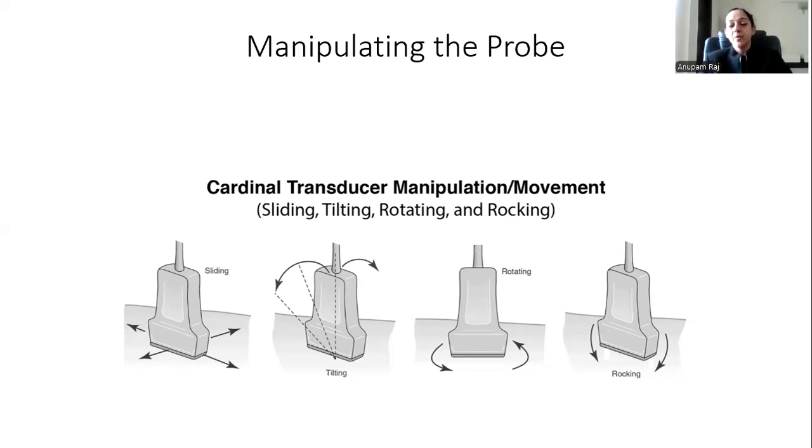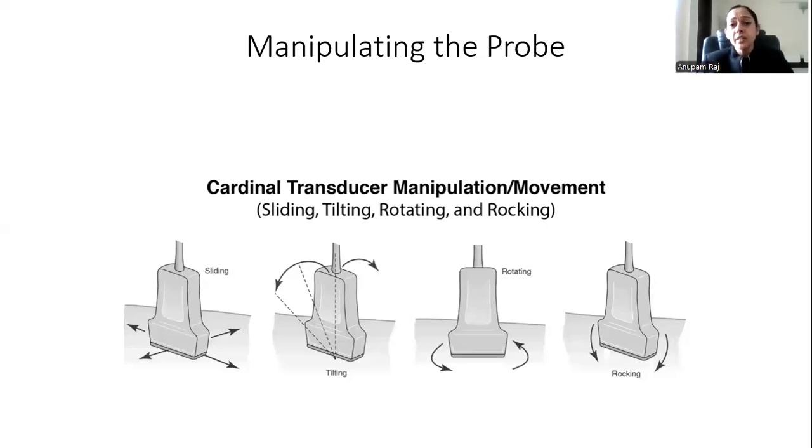These movements have particular names. Sliding, where you move the probe up and down or in either direction without tilting the probe or changing any angulation. Then comes tilting, where you move the probe in an axis perpendicular to the axis of the orientation marker.